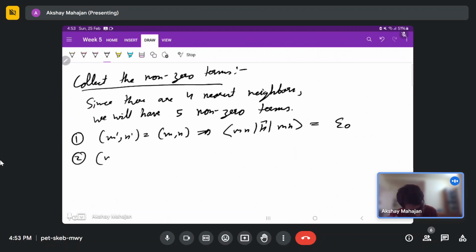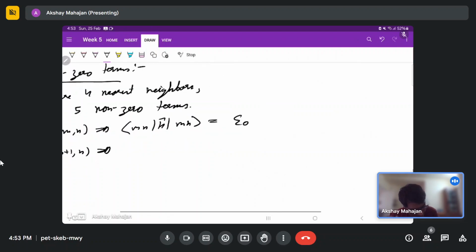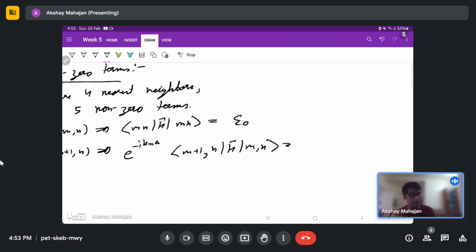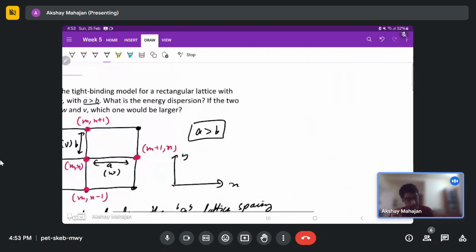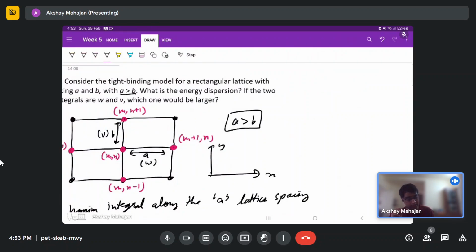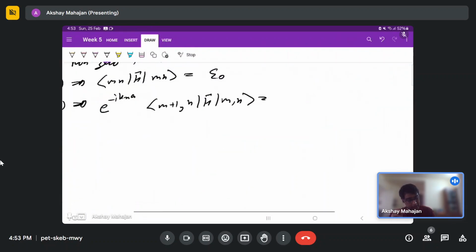Second will be m prime n prime equals to m plus 1 comma n, so that will give me e to the power minus iota kx a. We will have m plus 1 comma n h cap mn, and we have seen that for m to m plus 1, the hopping integral is w, so we will have w times e to the power minus iota kx a.